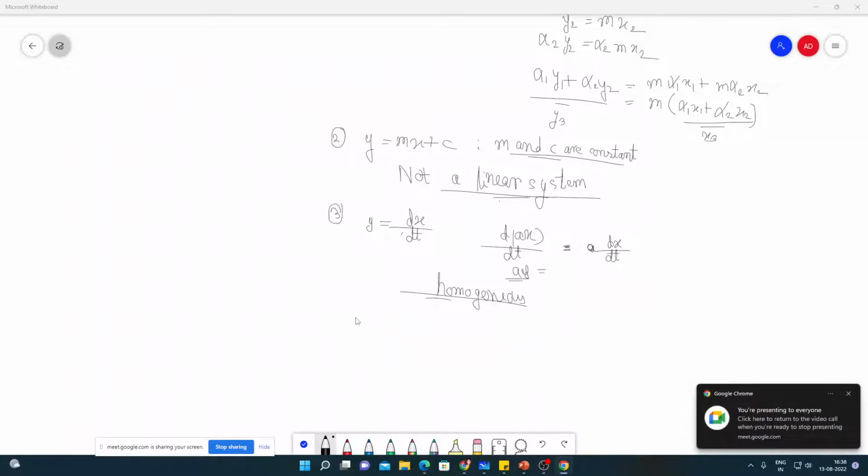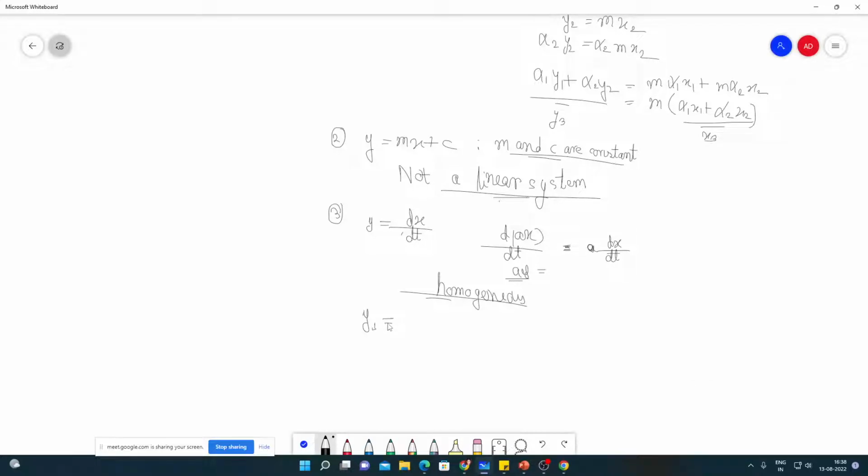For those of you who didn't understand, let me do it once again. y1 equals d of x1 by dt and y2 equals d of x2 by dt.